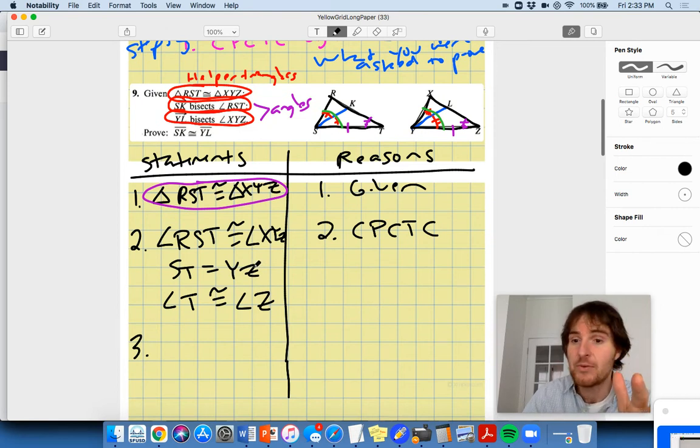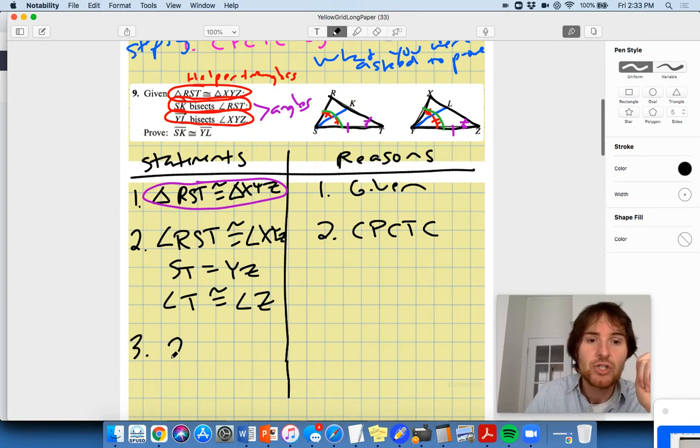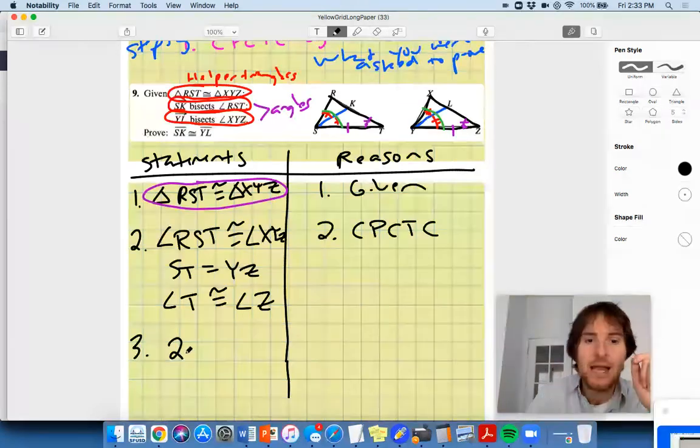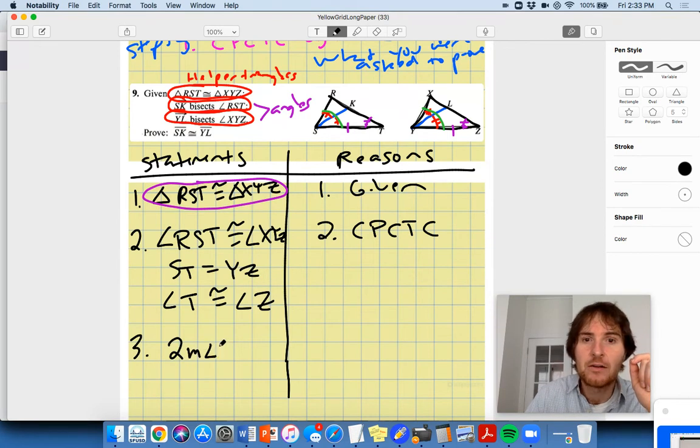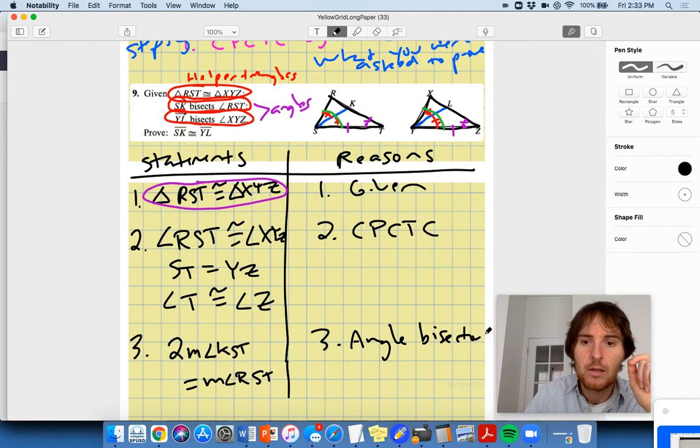And this is how I would do this here, is that I would actually use the angle bisector theorem and say that 2 times the measure of angle KST would have to equal the measure of angle RST. And that is the angle bisector theorem from chapter 1.